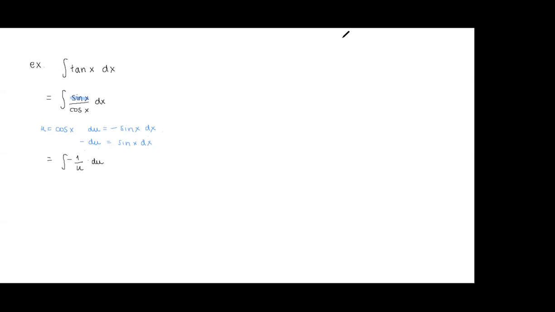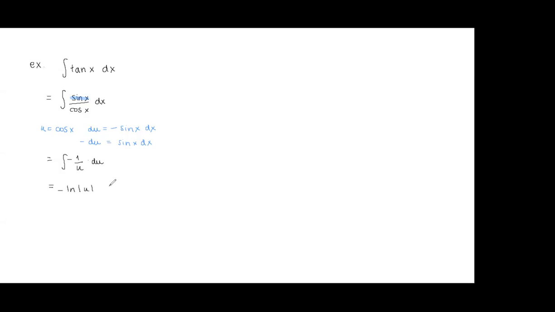Now, at this point, according to you, what is the antiderivative of negative 1 over u? Hopefully everybody remembers. This is going to be negative in front, and then ln of the absolute value of u.